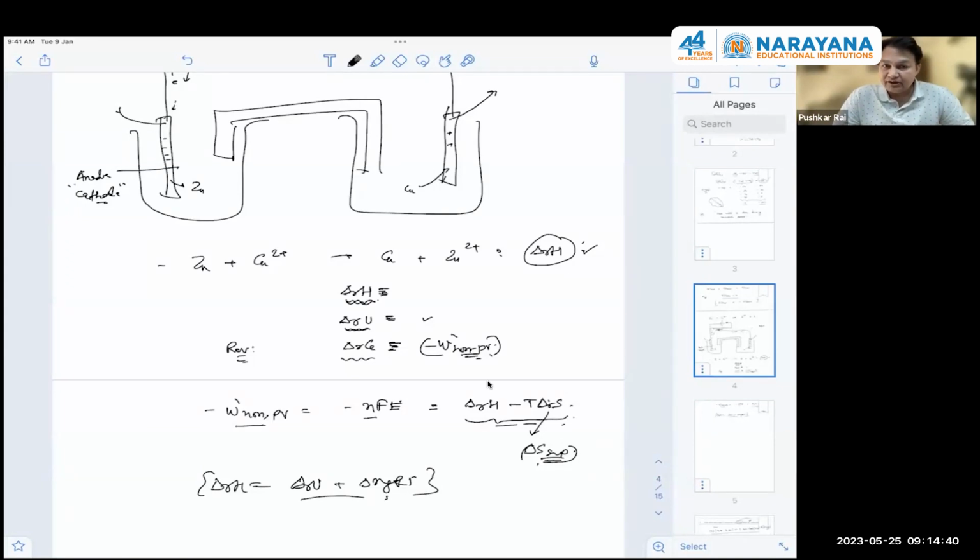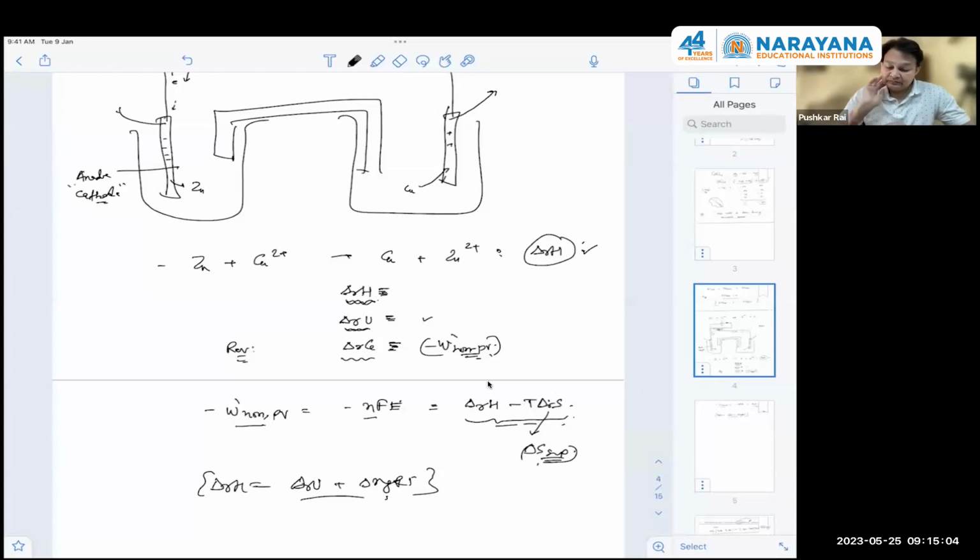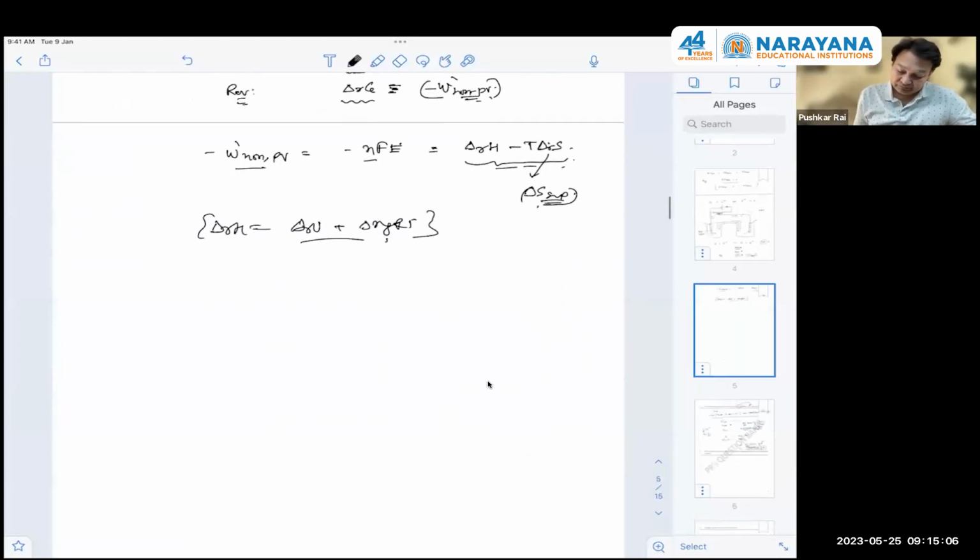If you are carrying out this process reversibly, what do you think is the entropy change of surrounding? Negative of delta S system. Okay, so you are saying delta S total is equal to 0.